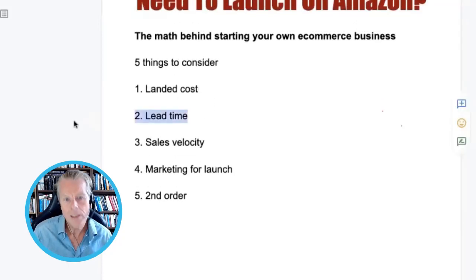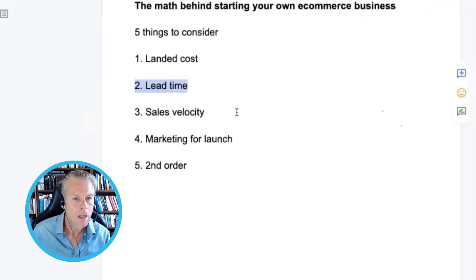Lead time is the time it takes from when you pay your initial deposit, say it's 50% deposit, 30% deposit, whatever it may be, to actually having the product ready, typically in the Amazon warehouse, for instance. That's your lead time. Sales velocity: how many sales you make per day is the easiest way of explaining that.